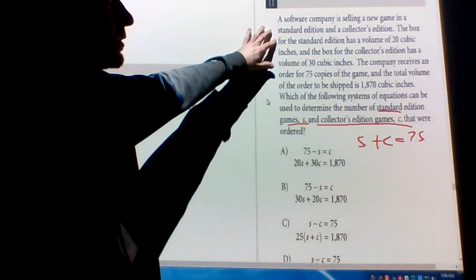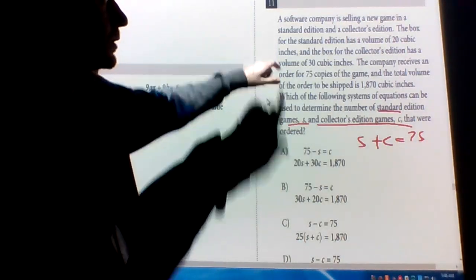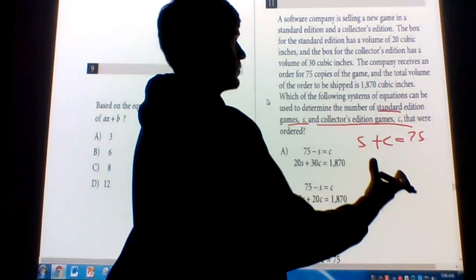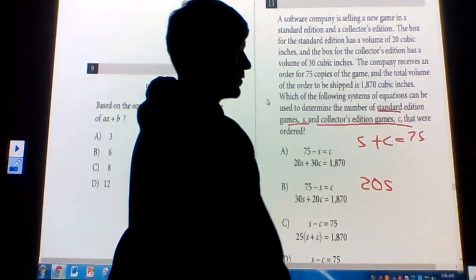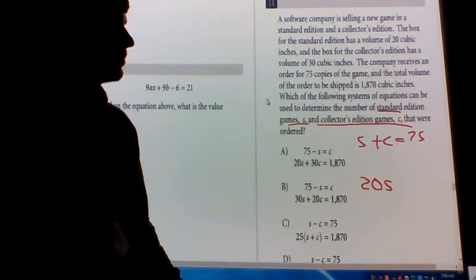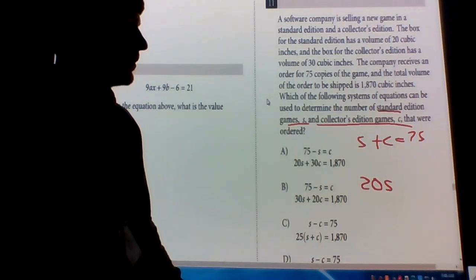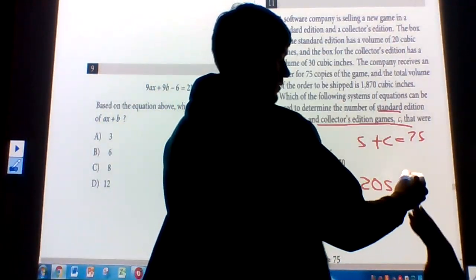So it tells us for standard, the cubic volume was 20 cubic inches. So the total volume for the standard would be 20 times the number of standard, right? The 20 cubic inches times the number of standard edition games. That would give you the total volume for the standard edition games.